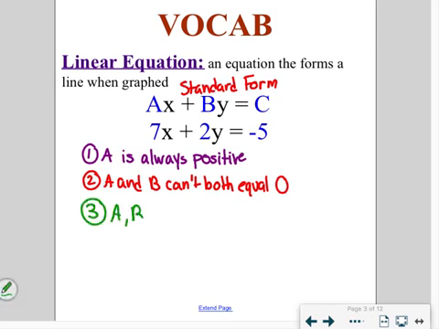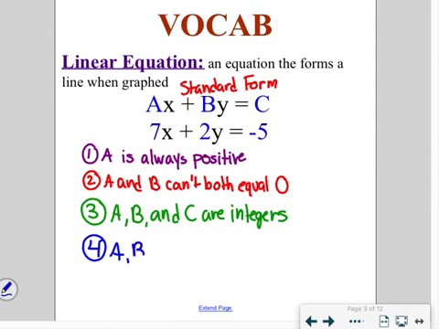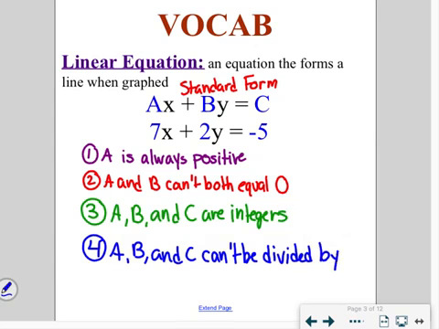Next rule, A, B, and C are integers. So this means no fractions, no decimals whatsoever in the standard form of the equation. And the last rule is A, B, and C can't be divided by the same number.